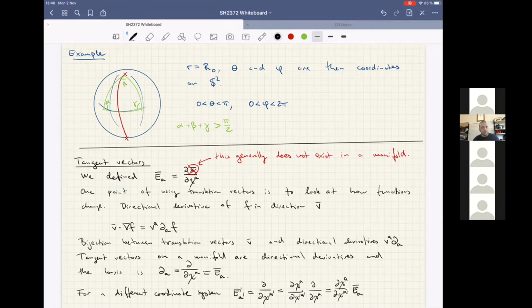So we see that this is exactly the same transformation rule that we had for the basis vectors in Euclidean space. And of course, this comes from the fact that this position vector was not really important for the transformation rule. The only thing that was important for the transformation rule was the partial derivative itself. Any questions there?